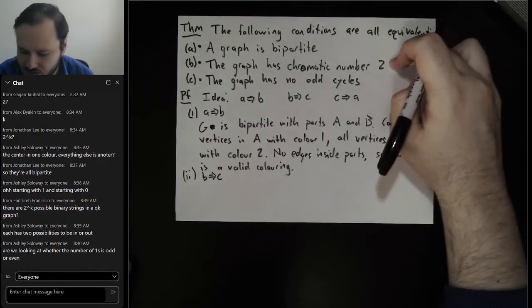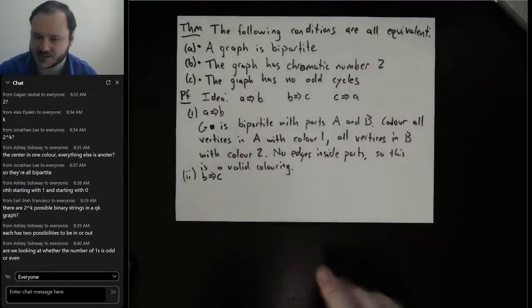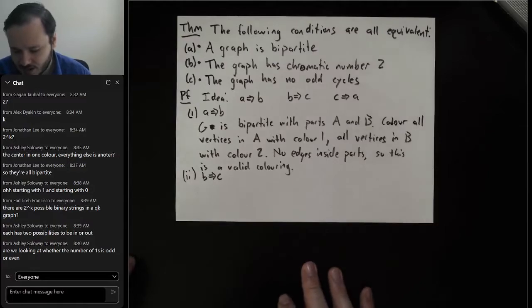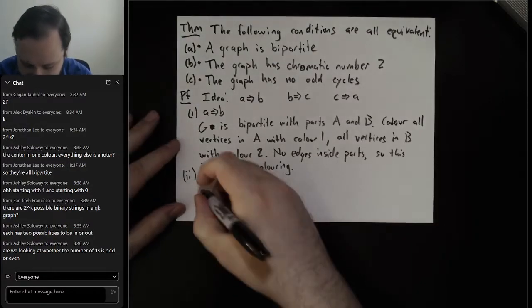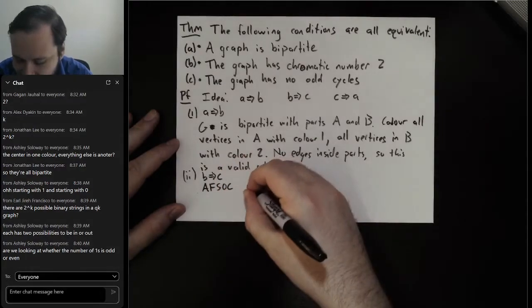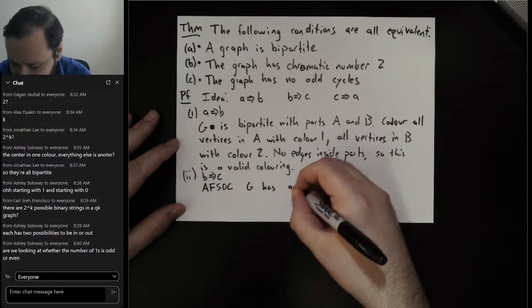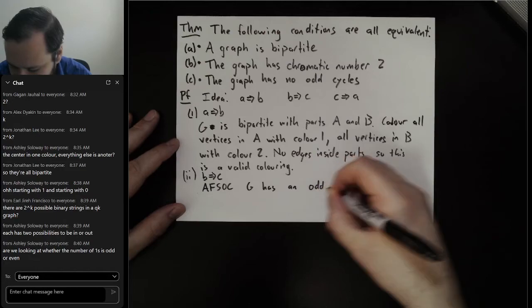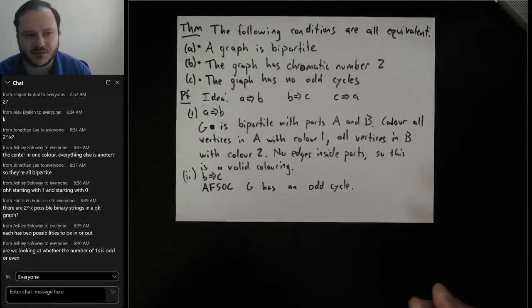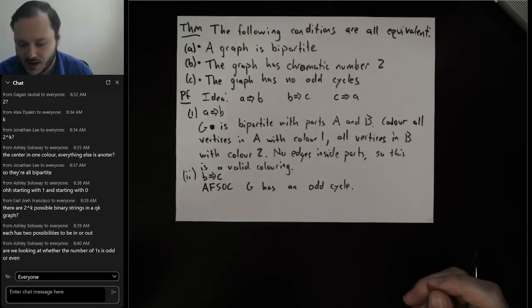Step 2, prove B implies C. Assume it has chromatic number 2, show that it has no odd cycles. This one I can do by contradiction. So assume for the sake of contradiction G has an odd cycle. We can look at the colors of that cycle in the 2-coloring.